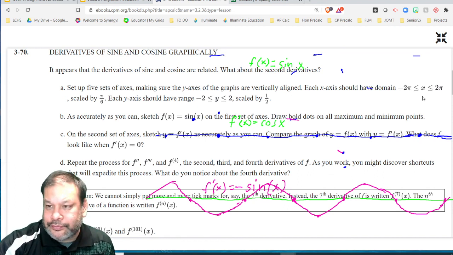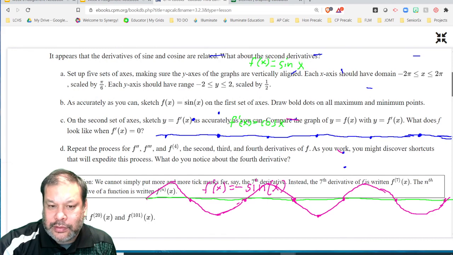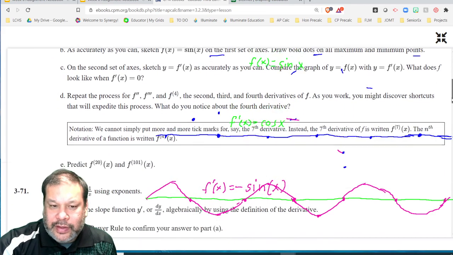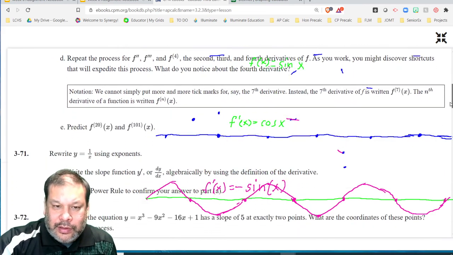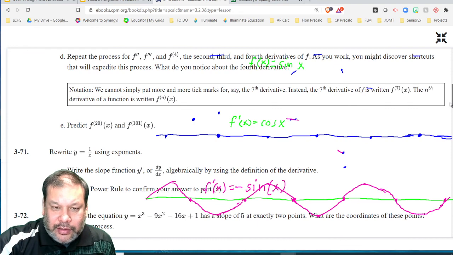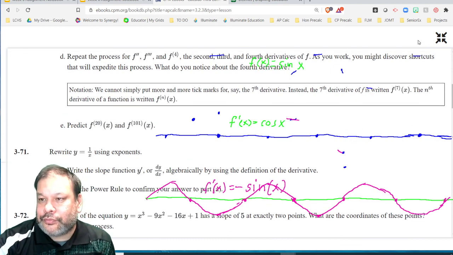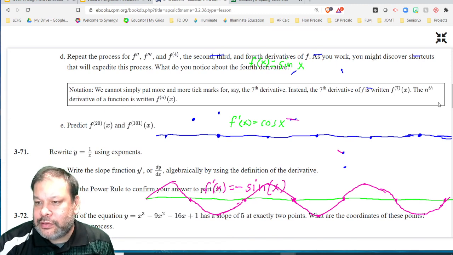It's the same when you're finding the pattern for the derivative of sine of x. So just continue that, and with 71. And if you have any questions, let me know.